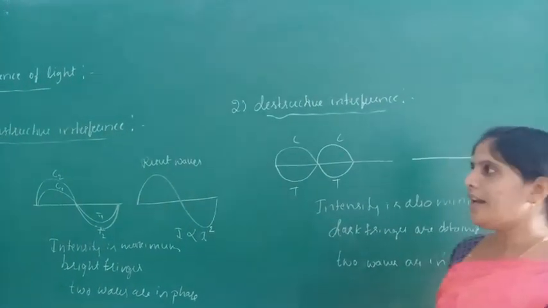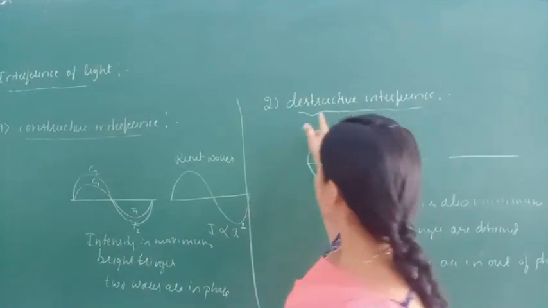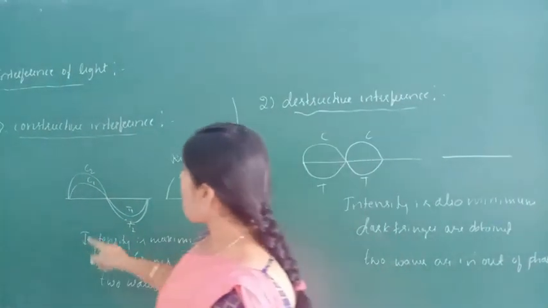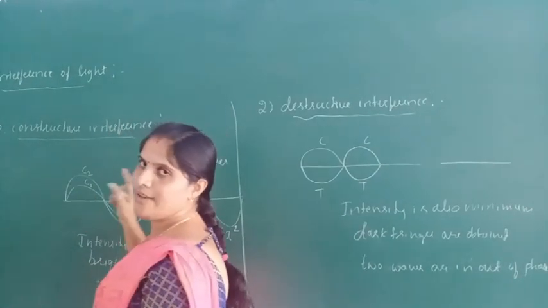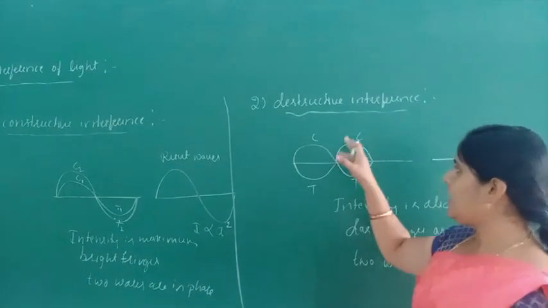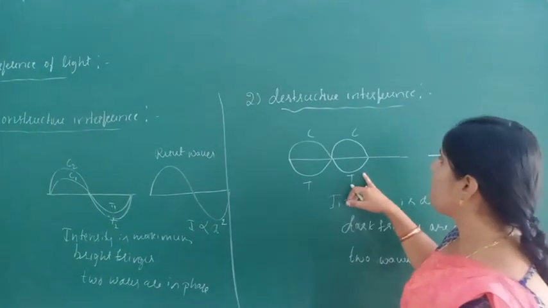Then, what is the difference between constructive interference and destructive interference? First point: in constructive interference, the crest of one wave falls on the crest of another wave, and the trough falls on the trough; in destructive interference, the crest of one wave falls on the trough of another wave, or the trough falls on the crest.